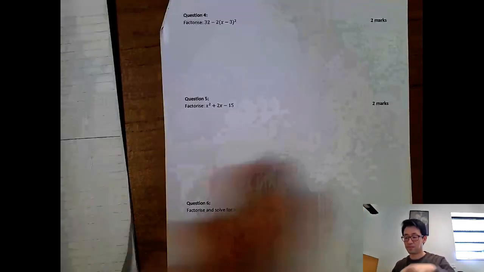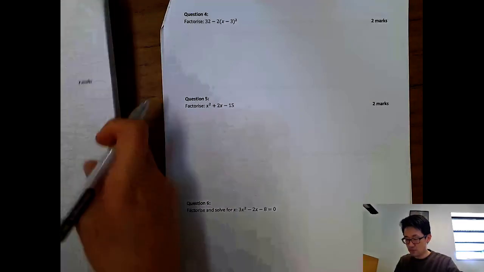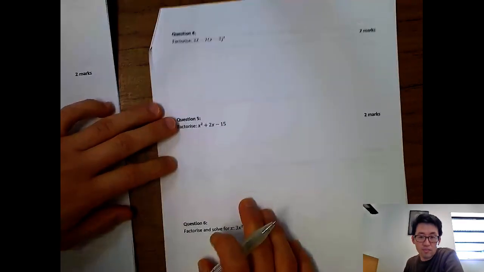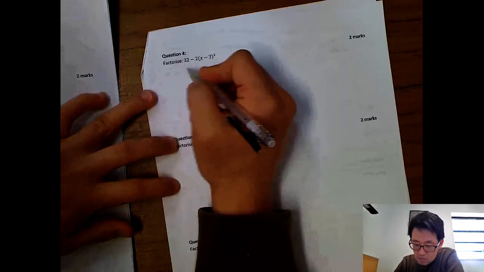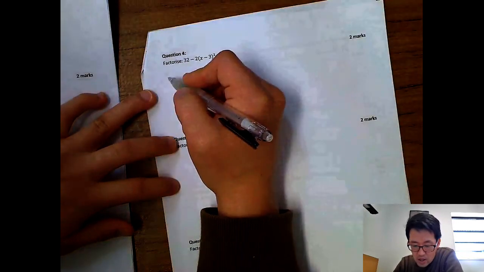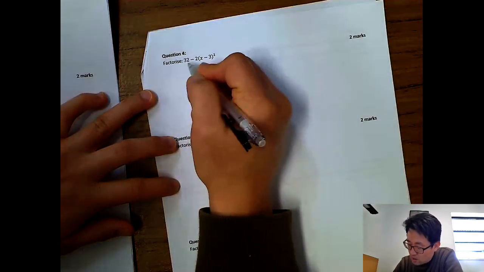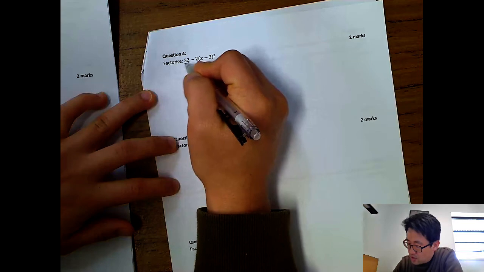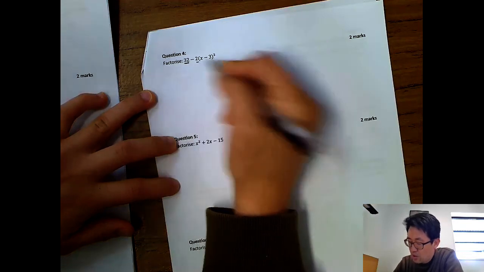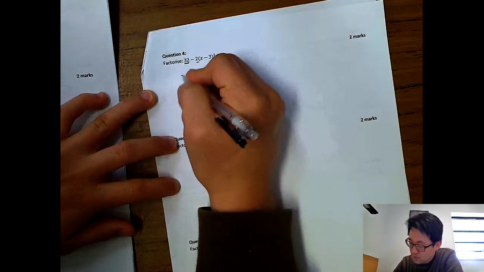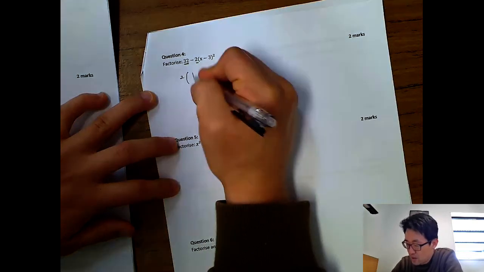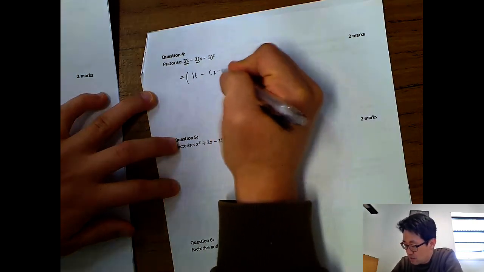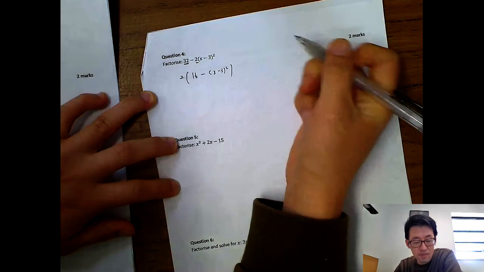Okay, let's continue. Next question. 32 minus this. Let's do that. I can see there's a highest common factor first, so I can take 2 out: 16 minus x minus 3 squared.